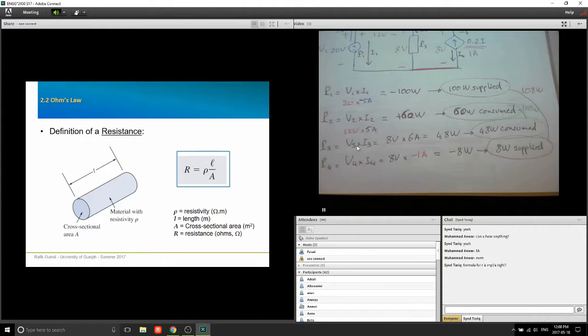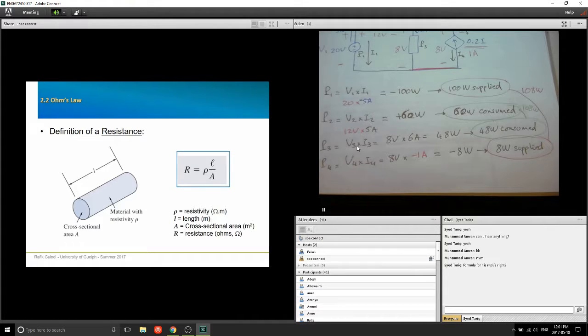We can compute the value of the resistance R. That's all. The material that is used to make this element determines the resistance.